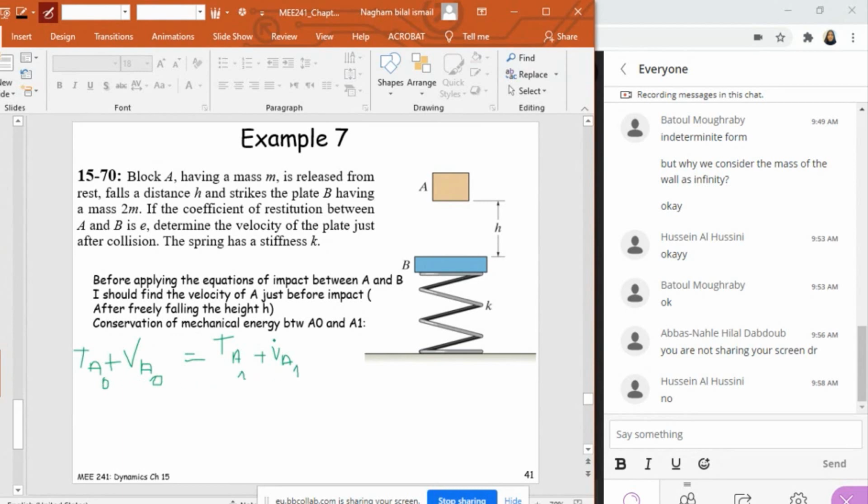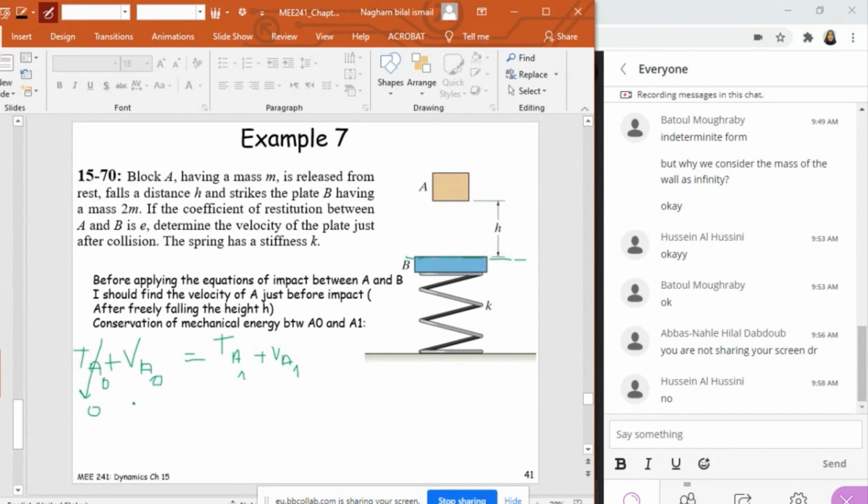And remember, V here is not the velocity, it's the potential energy. I know that TA0 is 0 because it's falling from rest. And I should specify the datum so that I can find the potential energy. I'm going to specify this as my datum. Of course, you can take this one. It's the same, but in this case, H should be negative. Now, in this case, H should be positive.